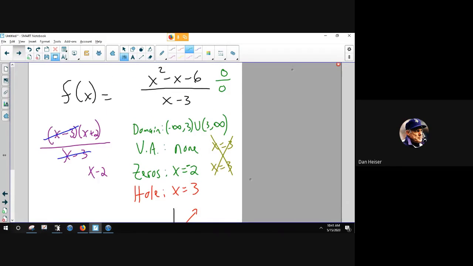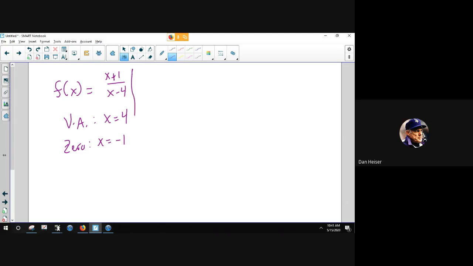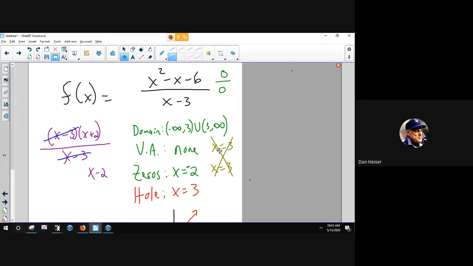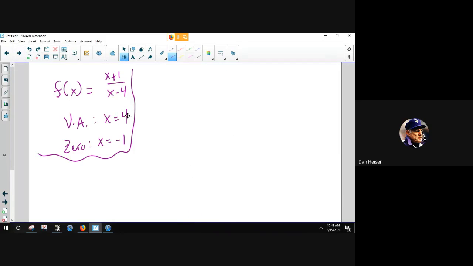I'm going to go back here to my little scratch paper screen. Before I do that, notice the difference between this now and this. Vertical asymptote, 0. Completely different values.